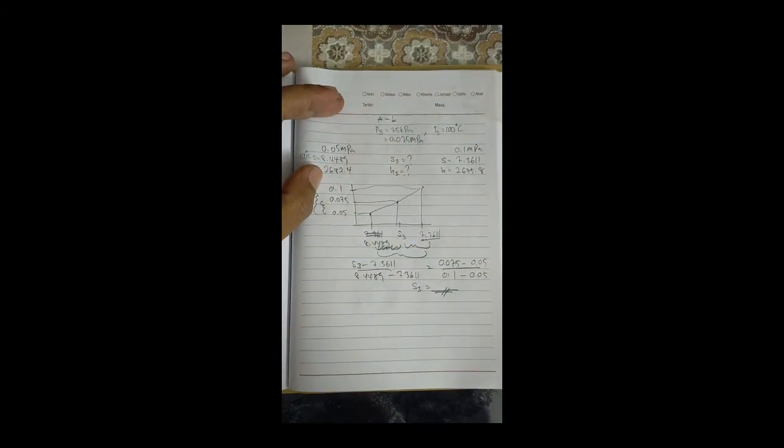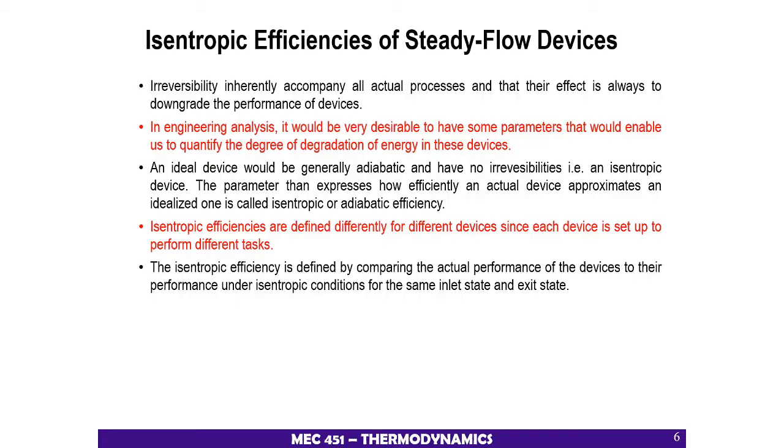Isentropic efficiency of steady flow devices. Irreversibility inherently accompanies all actual processes, and its effect is always to downgrade the performance of devices.